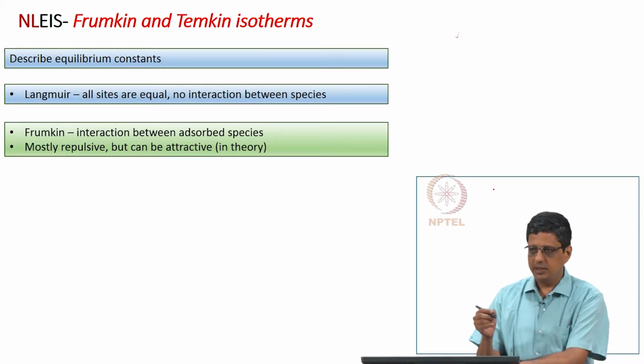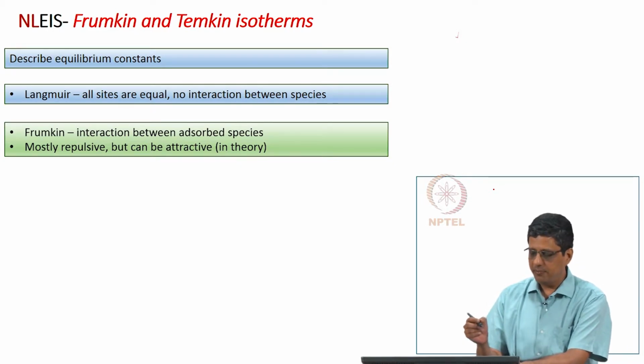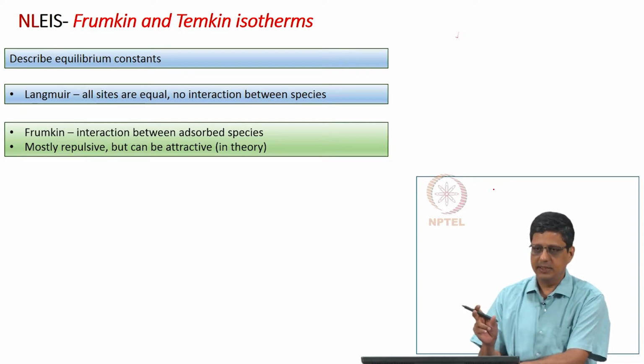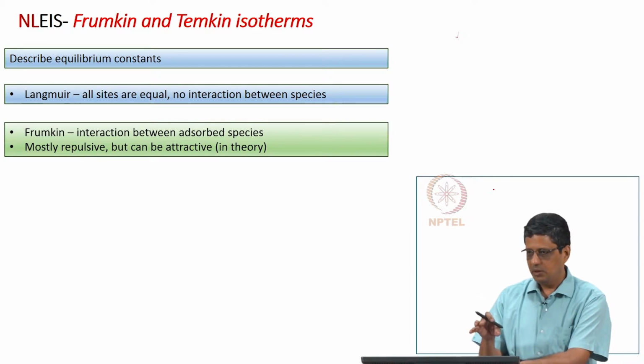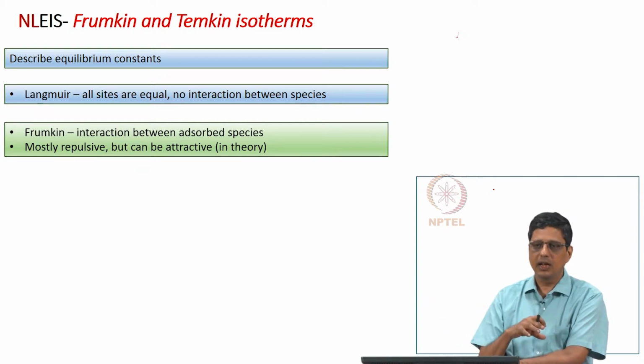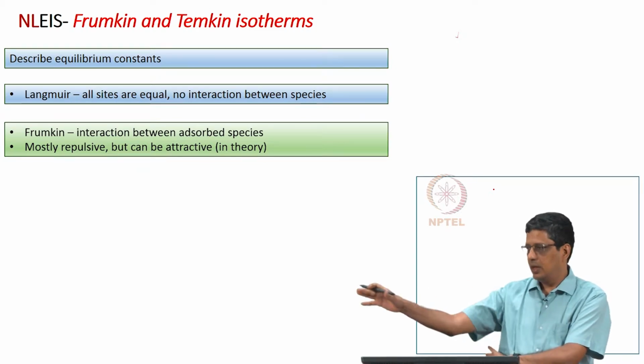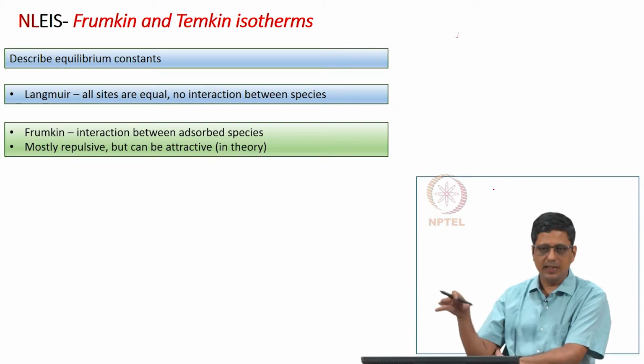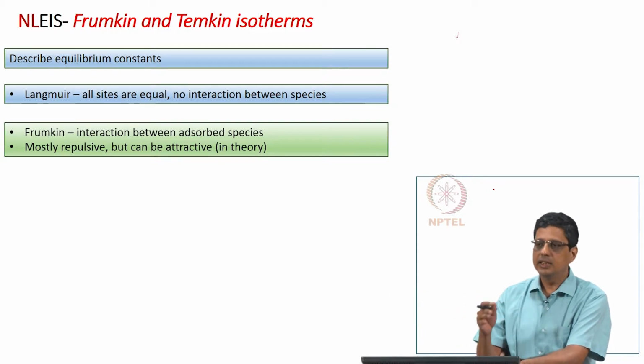Another adsorption isotherm is called the Frumkin isotherm. This says that there is an interaction between species. Sometimes the presence of one species will reduce the probability that adsorption will occur at the neighboring site, compared to a site where all the surrounding sites are also vacant. This is repulsive interaction.